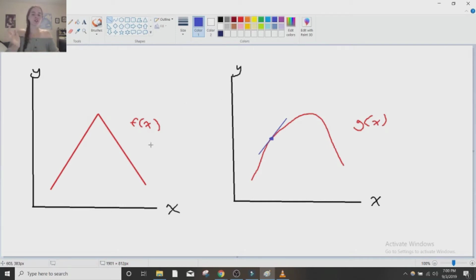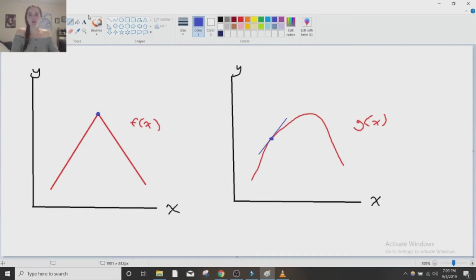But for a function that's not differentiable, so this function isn't differentiable, because if you want to take the derivative at this point, you can't, because on either side of that point the function just goes straight down. So the tip of this triangle here is just one point at the very top.